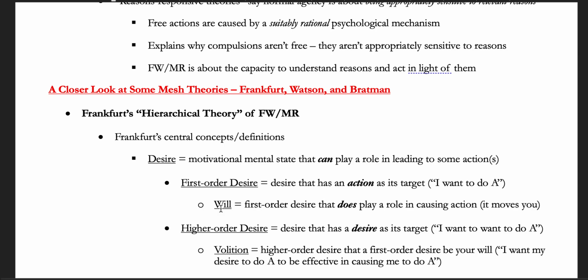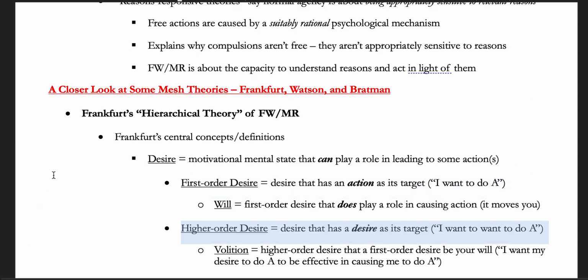So let's look at some central concepts here. So desire, it's at the core of his account. His view is called a hierarchical theory, a hierarchical sort of mesh theory. At the center of this, what's supposed to be hierarchically meshing are these lower level or first order desires and these higher level desires.